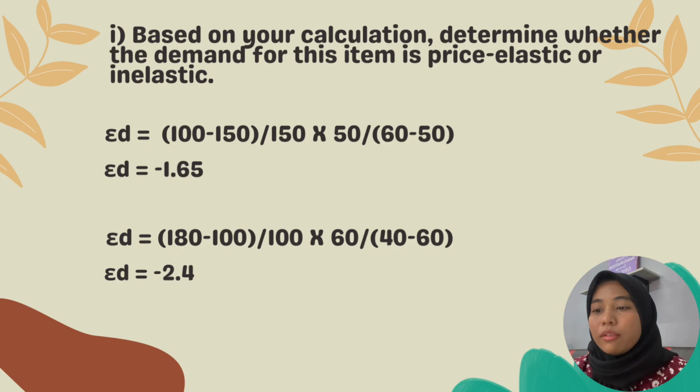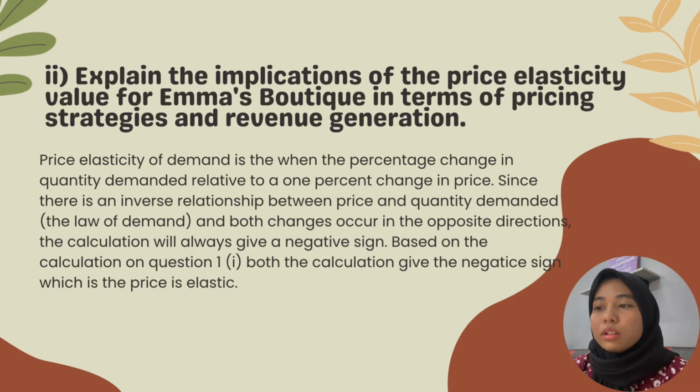answer is negative 2. For the second Roman question: explain the implication of the price elasticity value for Emma's boutique in terms of pricing strategies and revenue generation. Price elasticity of demand is the percentage change in quantity demanded relative to a 1% change in price.